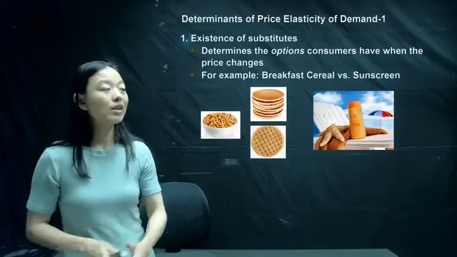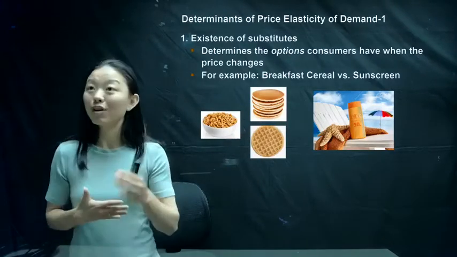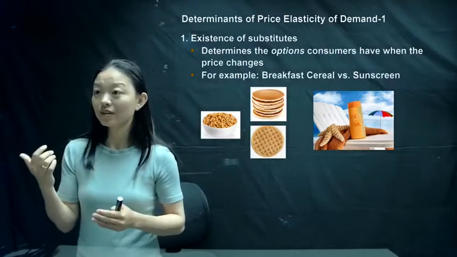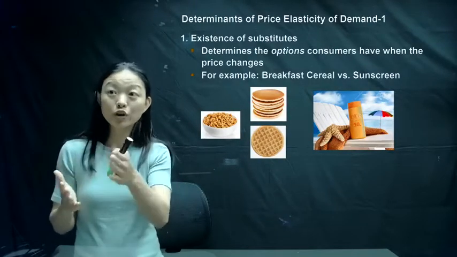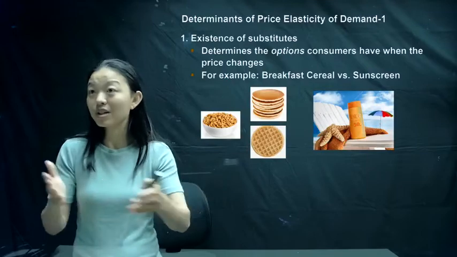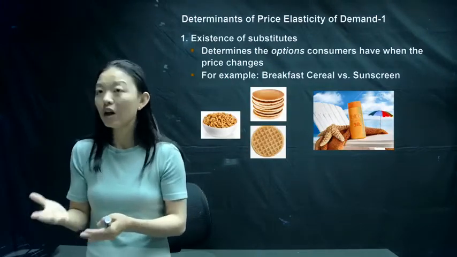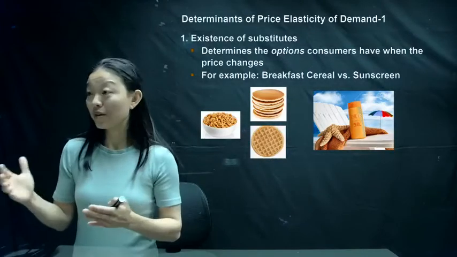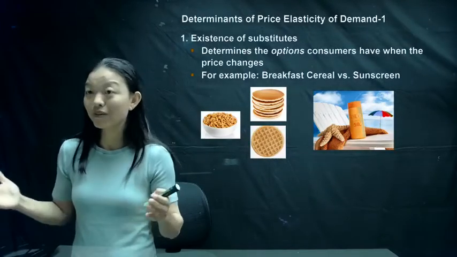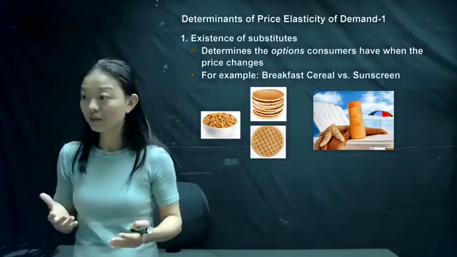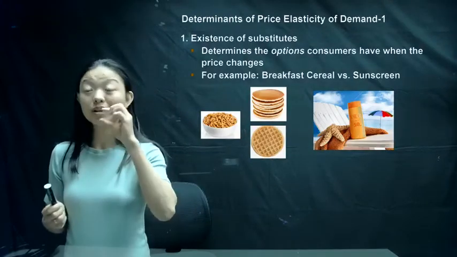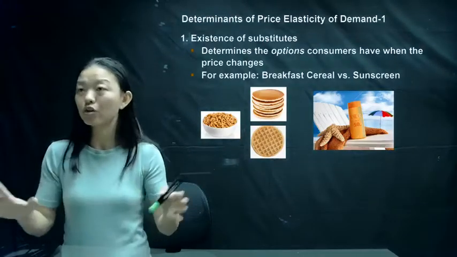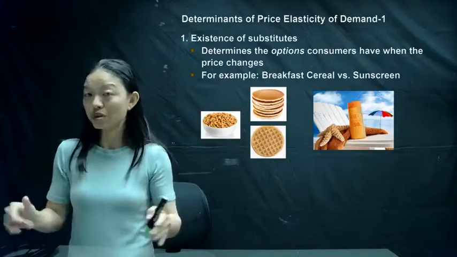Therefore, you can think about if the price of breakfast cereal increases, then consumers can switch to buy other products to substitute breakfast cereal, right? Then we would like to say for products like breakfast cereal, the demand should be very elastic, because when the price increases just a little bit, consumers can switch to other substitutes.